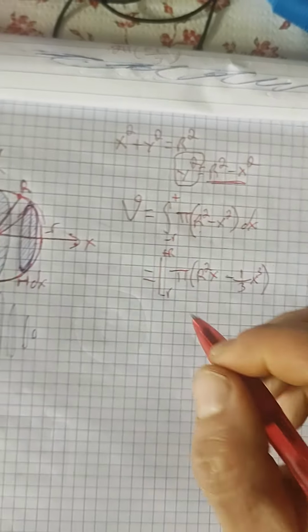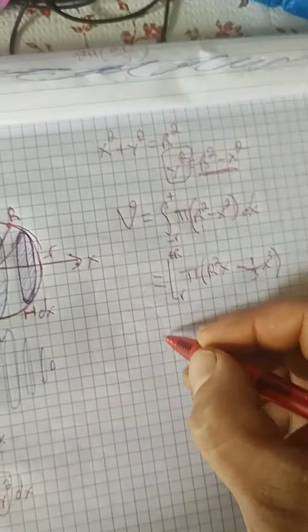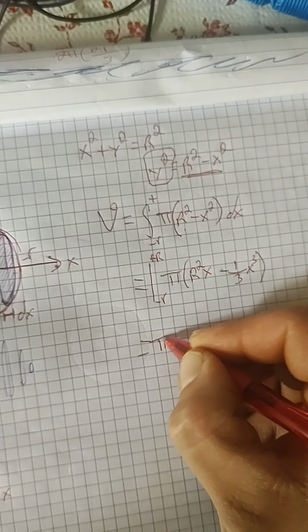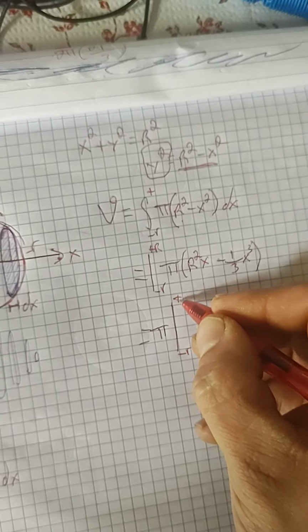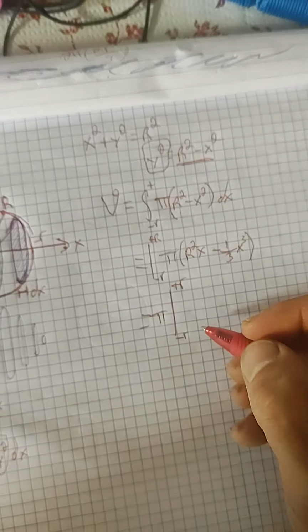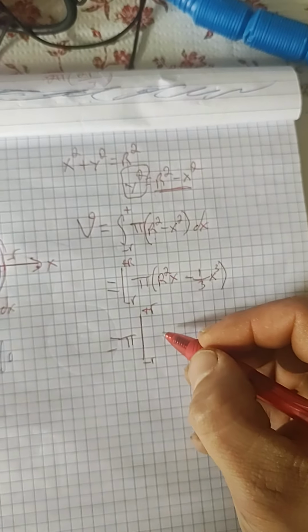We can bring our pi out, so it equals pi times this evaluation from minus r to positive r. Let's evaluate that.